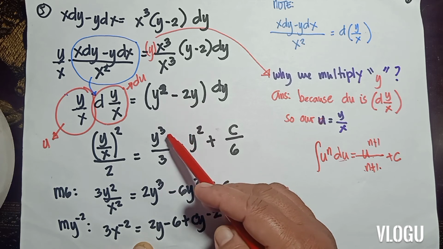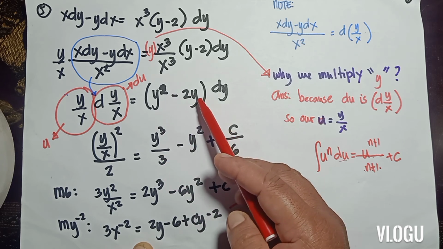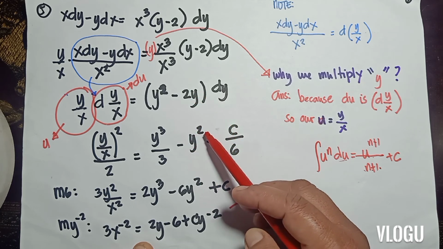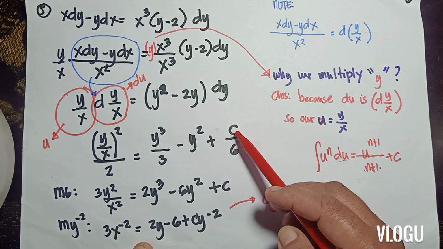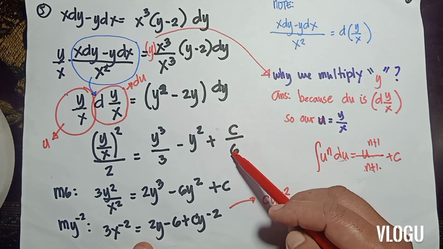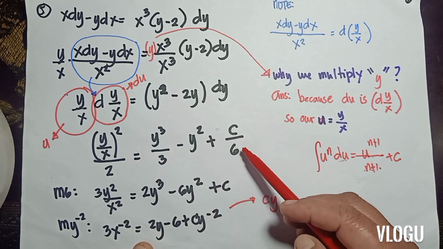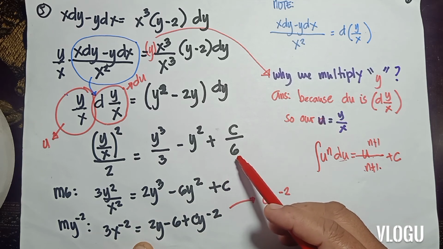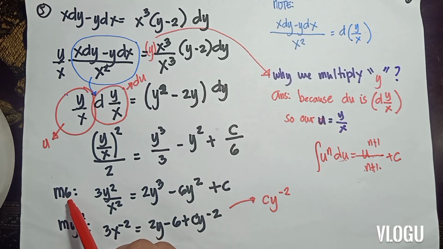Integral of y squared, that is y cubed over 3. Integral of 2y, that is y squared over 2. So, cancel the 2. So, that's the reason you will have y squared. Plus c, right? Plus c. What is your LCD here? That is 6. So, 2 and 3. So, you will have 6. So, to get rid of your LCD, of course, you are going to multiply with 6.